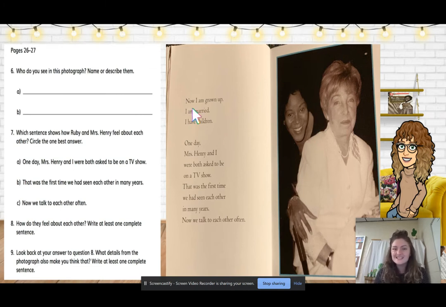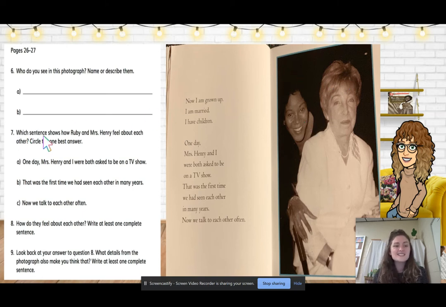The text says, "Now I am grown up. I am married. I have children. One day, Mrs. Henry and I were both asked to be on a TV show. That was the first time we had seen each other in many years. Now we talk to each other often." So, this is a picture of Mrs. Henry and Ruby Bridges.